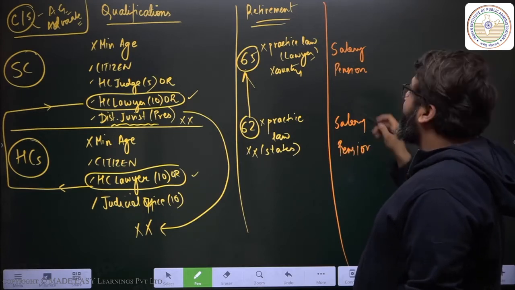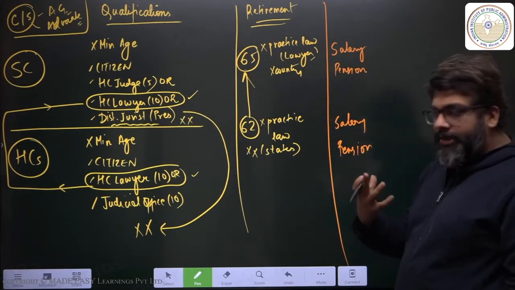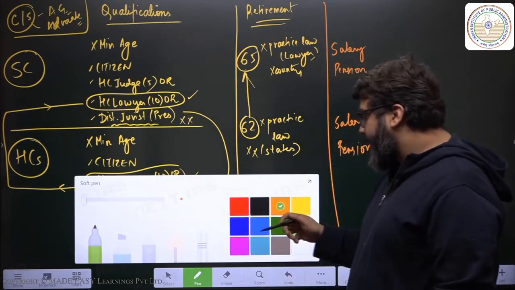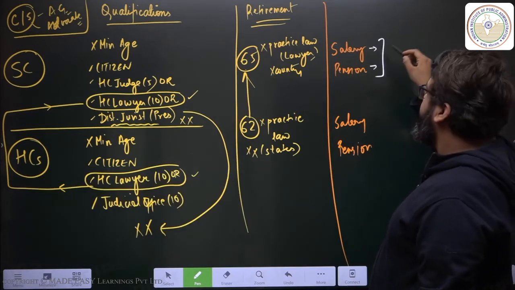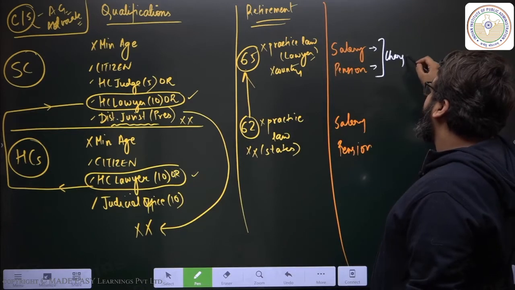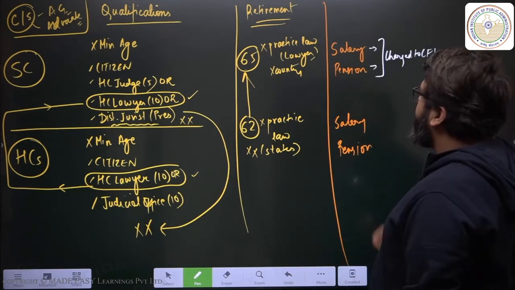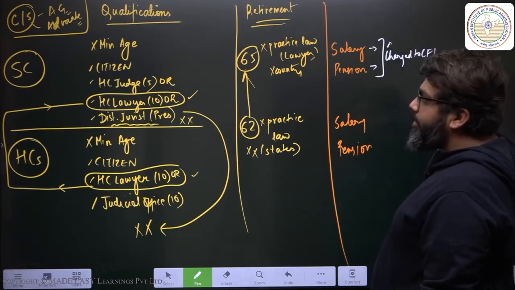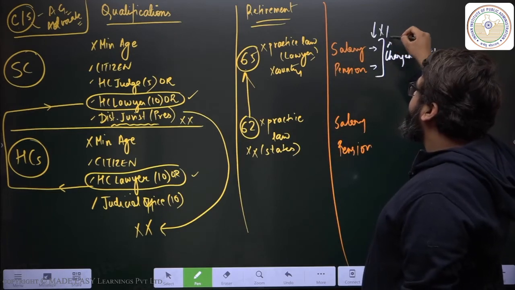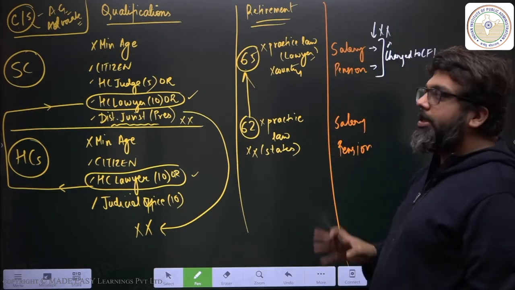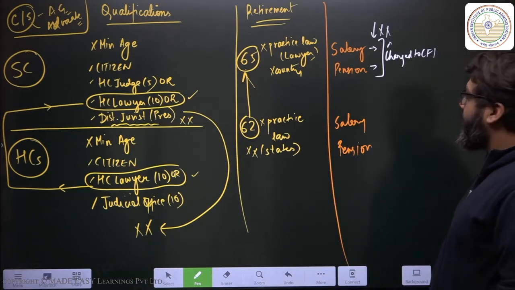Now, these judges perform an essential function of checks and balances. So maintaining their independence is crucial, maintaining their integrity is crucial. So the salaries and pensions of Supreme Court judges are charged expenditure to the CFI. We've discussed this. Expenditure charged to the CFI means you cannot reduce it to their disadvantage unless there is a financial emergency, which we will cover in the next set of lectures.